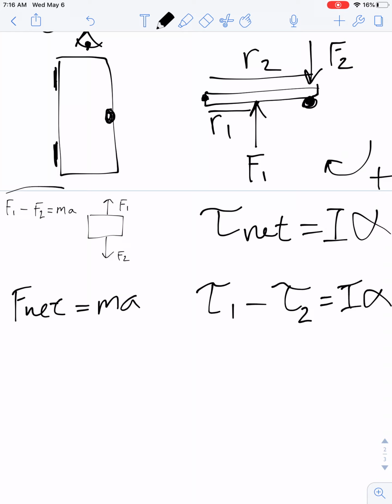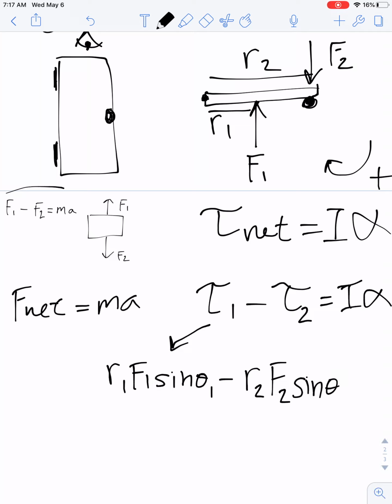All right. So now once you've gotten to this point, you can get more specific. For example, I can calculate torque 1. I know torque 1 is equal to R1 F1 sine of theta 1. And then torque 2 would be R2 F2 times the sine of theta 2.